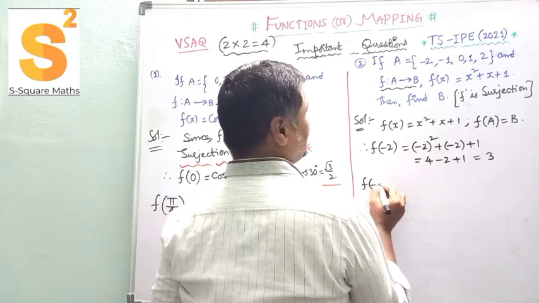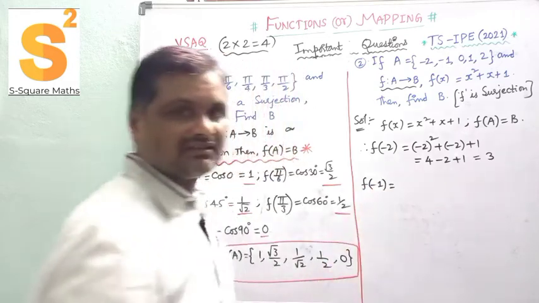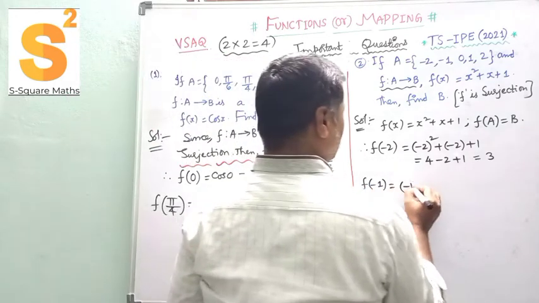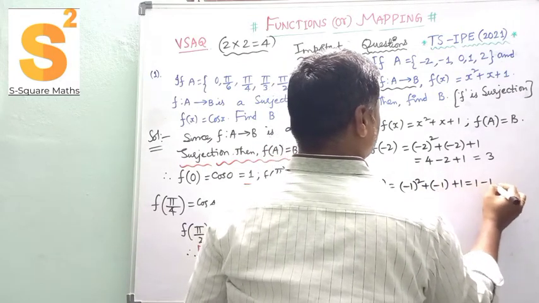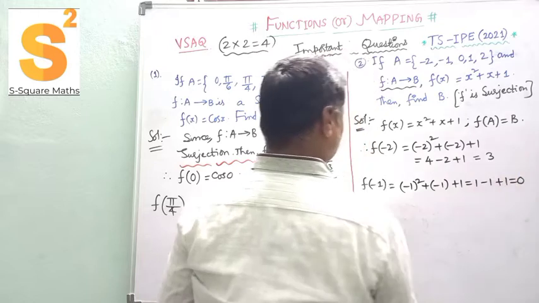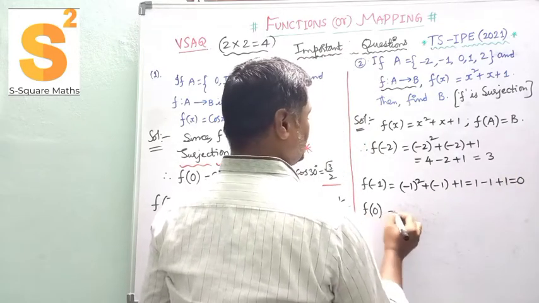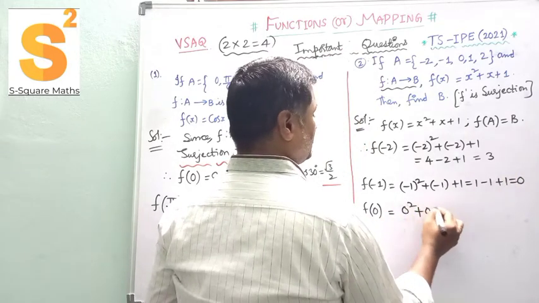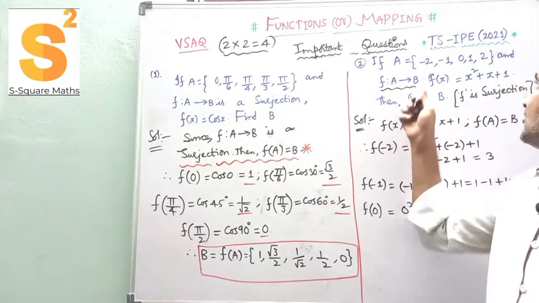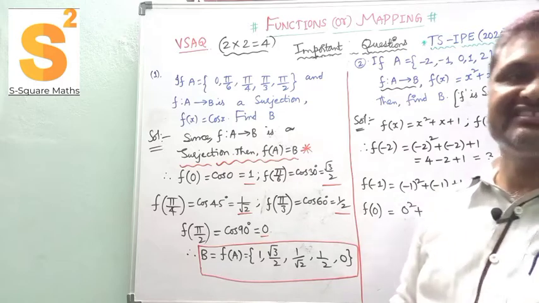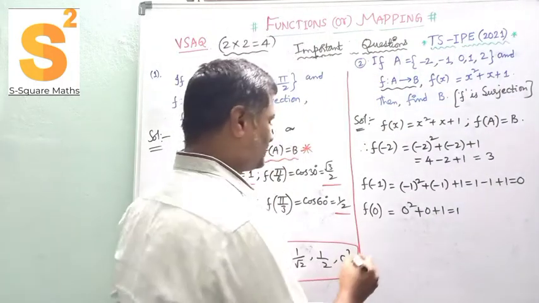Next f of minus 1: minus 1 whole square plus of minus 1 plus 1, that is 1 minus 1 plus 1, which gives 0. Next f of 0: 0 square plus 0 plus 1 finally gives 1. Like this, substituting all the values minus 2, minus 1, 0 is completed. Next f of 1 and f of 2.